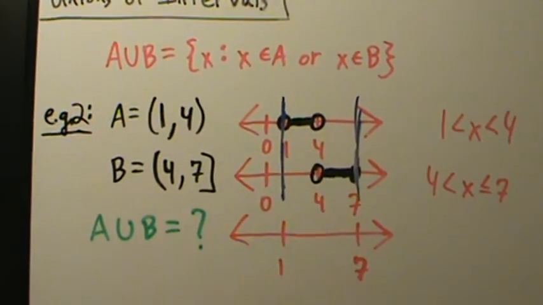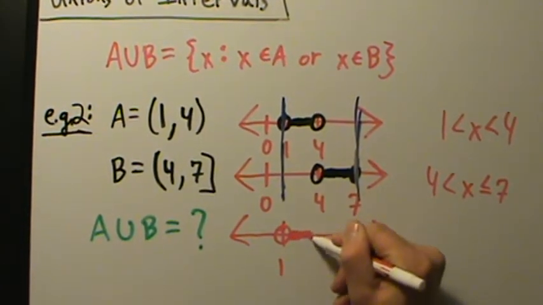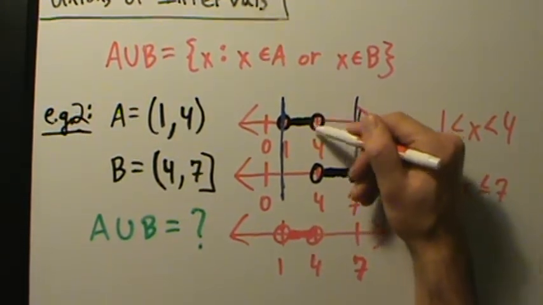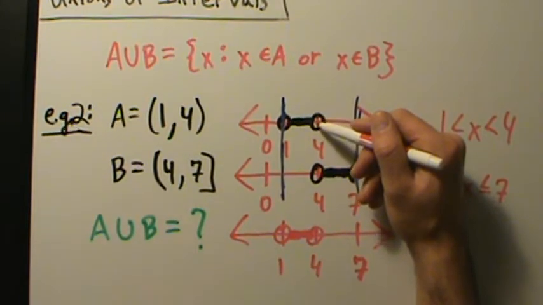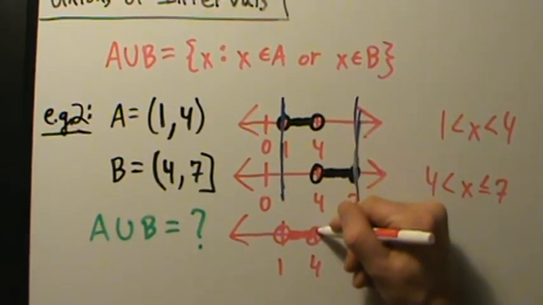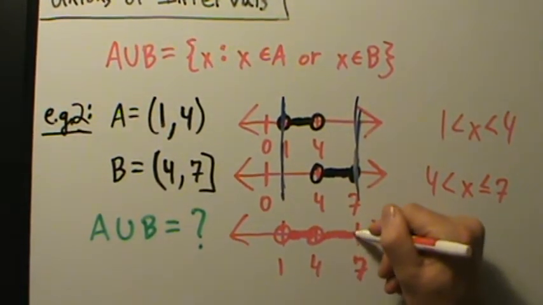On 1 we have an open circle, and we keep going until we get to 4, where we have another open circle. That interval stops there, so we're done with it. Now the other interval: open circle on 4, then all the way up to 7, where we have a closed circle.